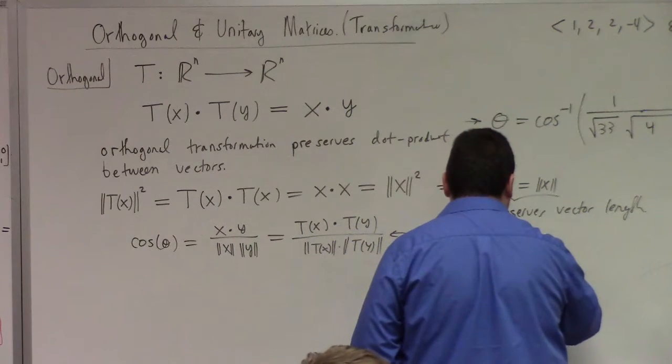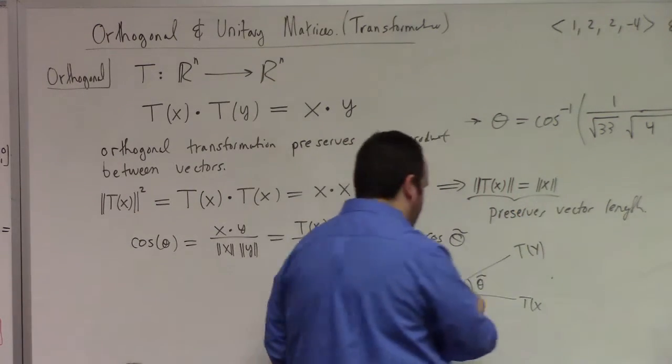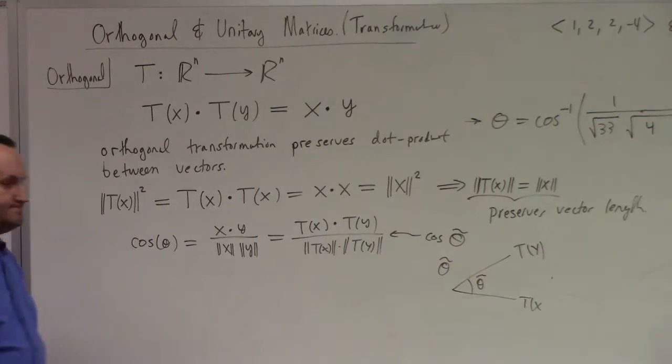Here's T of y, here's T of x, here's your theta tilde, the angle between those guys. So the cosines are the same. In fact, it follows then the angles are the same. So an orthogonal transformation preserves what? Length of vectors, angle between vectors.